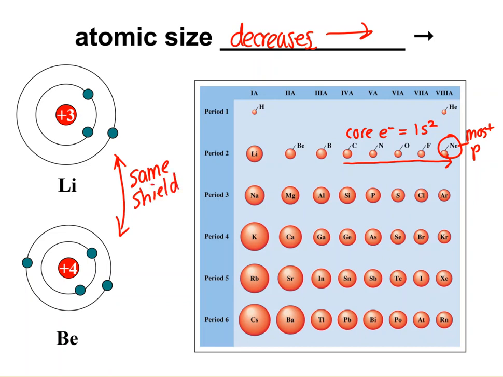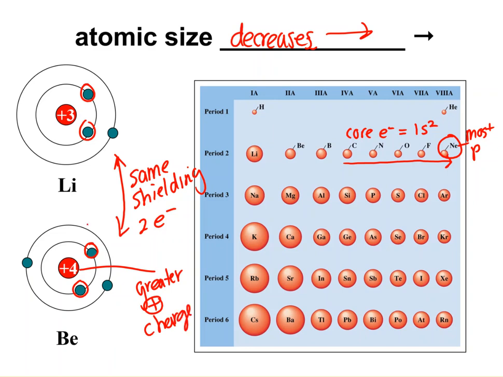And by shielding, I'm talking about shielding of nuclear charge to core electrons shielding. But the difference is the nuclear charge. This one has the more nuclear charge, and so it pulls the energy levels in closer. So it ends up being smaller, even though it has more particles.